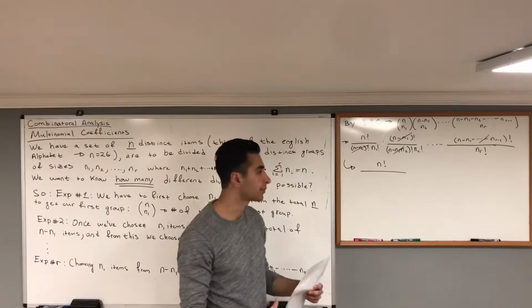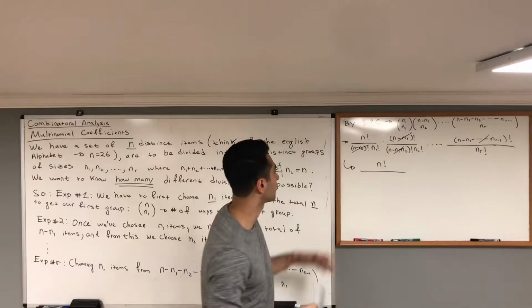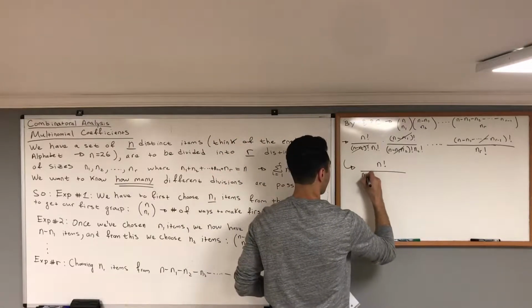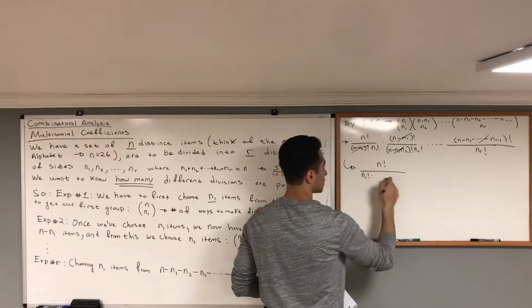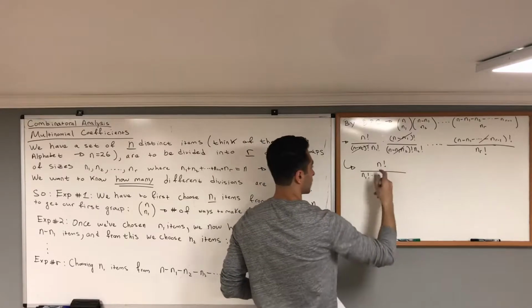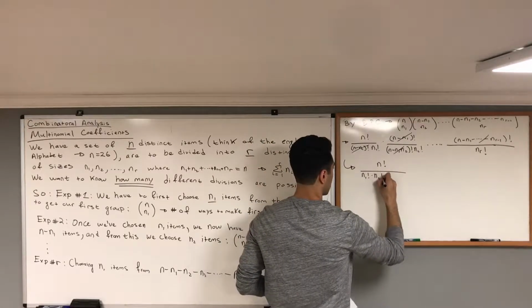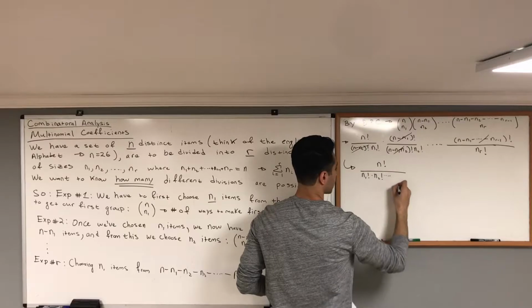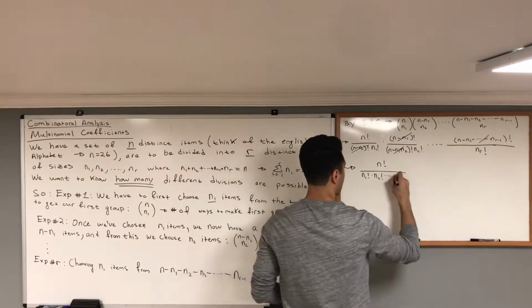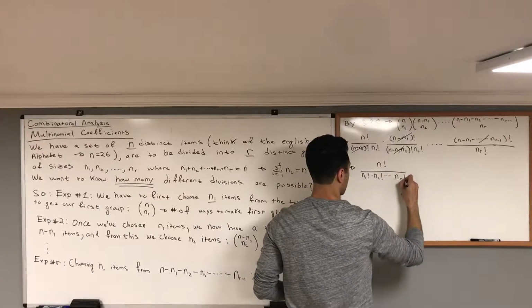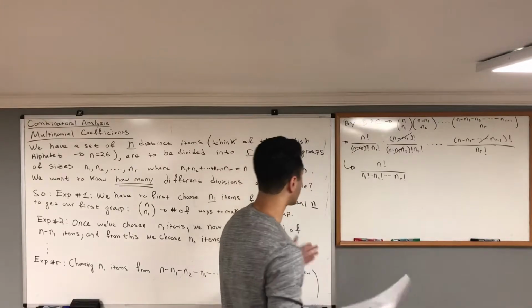And then in the denominator, this gets canceled out, so you're left with n1 factorial times, this gets canceled out, so you're left with n2 factorial. And if you repeat the pattern, you'll finally end up at times nr factorial. And we're done.